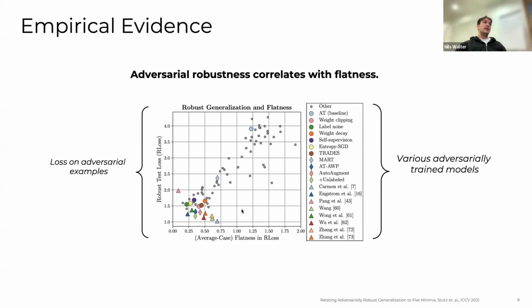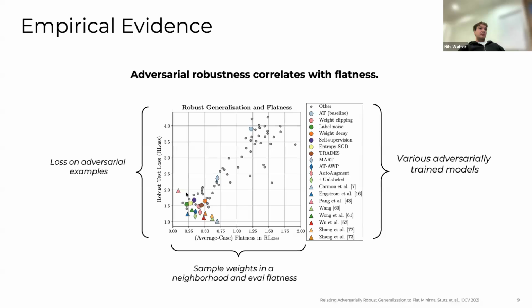And on the bottom, they then evaluate one of these empirical measures, like the average case I showed you. They just start sampling in this area, and what they find is that indeed, if these models achieve a lower robust test loss, they really are also more flat. And that's the empirical evidence and the justification for this analysis.